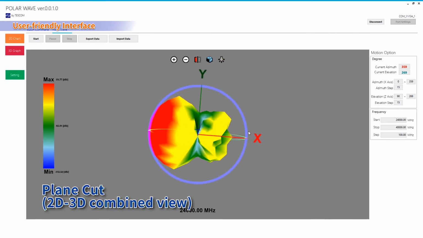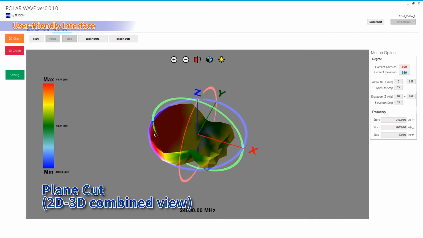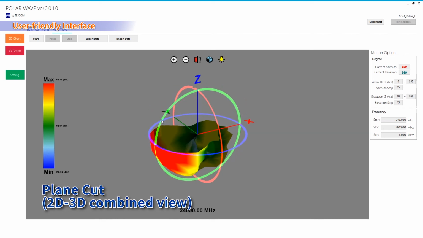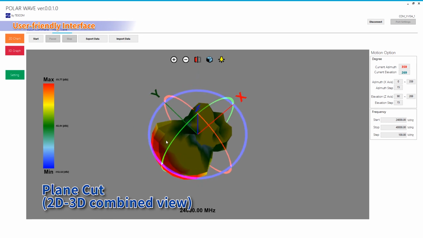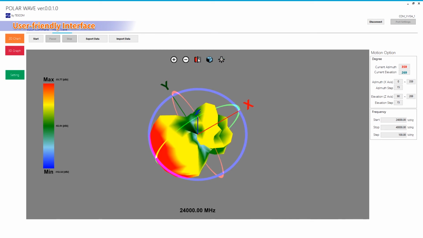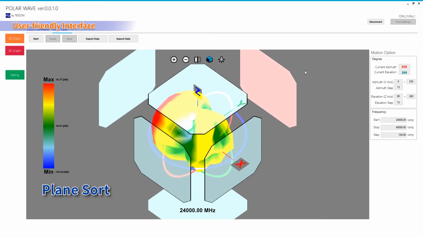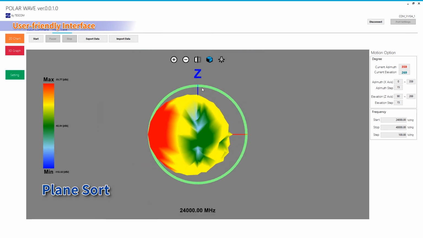Second, the plane cut function to slice the 3D graph by a specific plane to visualize a 2D polar graph on the 3D graph itself. Third, the plane sort function to navigate the graph immediately by a certain plane.